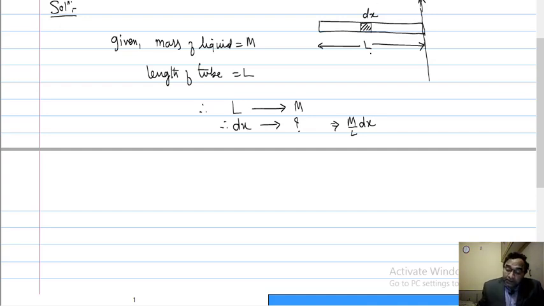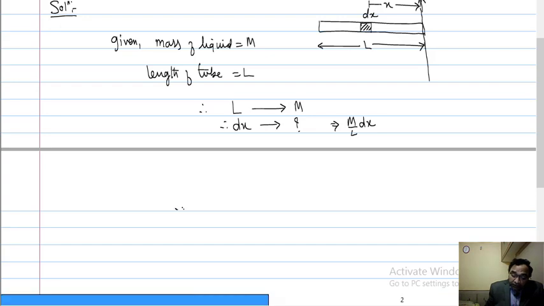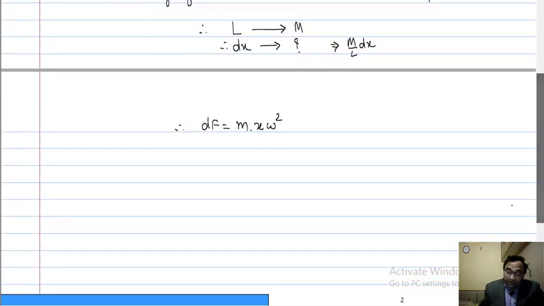Now, this element, if we consider that it is at a distance of x units from the axis of rotation, therefore this element will experience a centripetal force. So dF is equal to mass of the element times r, which is x, and omega square, because angular velocity is going to remain the same for all the elements.